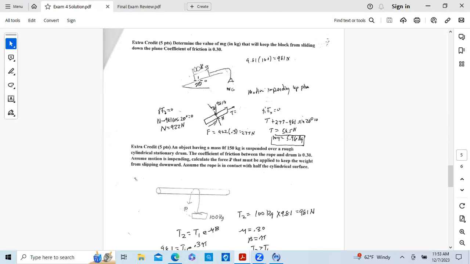So there's one where it's just on the verge of sliding, what it's going to take to keep it from sliding down the plane. And the other problem, what does it take to actually move it up? So you want to overcome friction here, and friction here is going to help keep this in balance going in this direction.